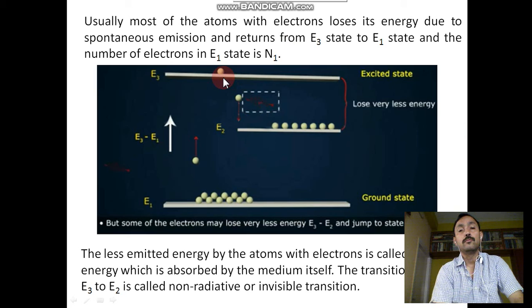This atom will spontaneously come to the energy level E2 and it will lose its energy. It returns from E2 state to E1 state, and the number of electrons in E1 state is N1.